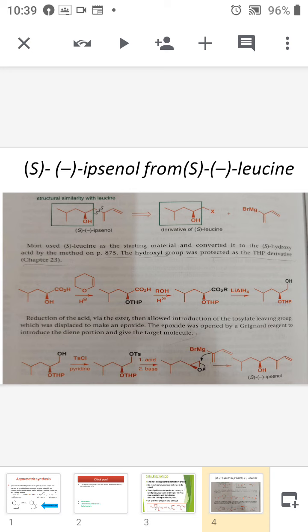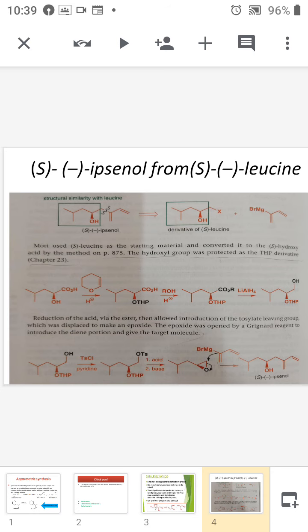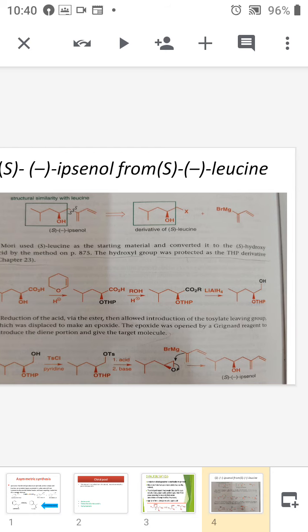This is the total synthesis method for ipsenol, and we get only S-ipsenol. We are preparing S-ipsenol from a naturally available amino acid, S-leucine, which belongs to the chiral pool. I hope the concept of the chiral pool and the definition of asymmetric synthesis are clear. Thank you.